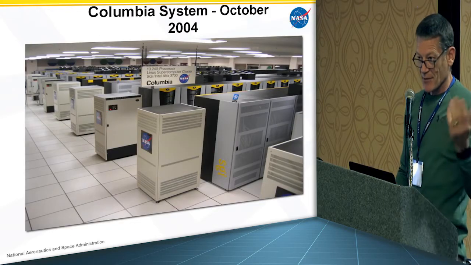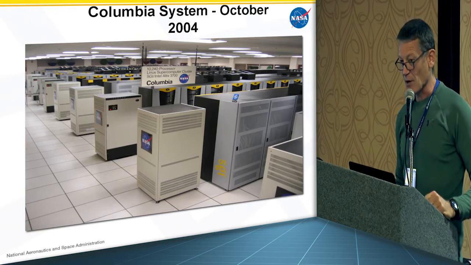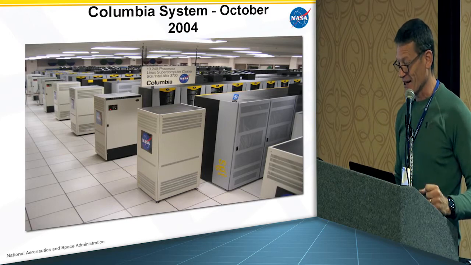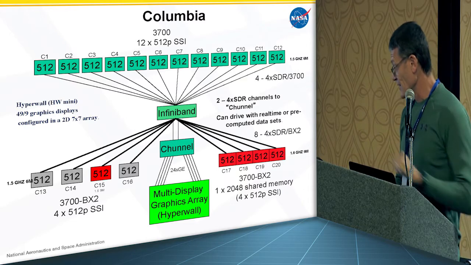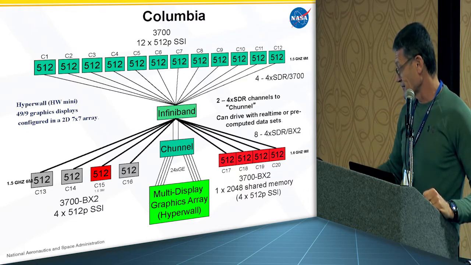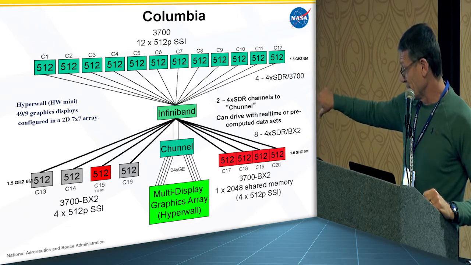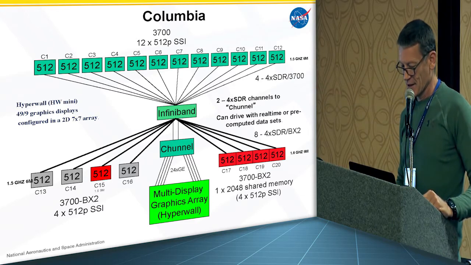Ten years ago, Columbia was really our first InfiniBand-based system. We had multi-rail SDR InfiniBand connecting big fat nodes. We had our graphics visualization wall connected through InfiniBand, bridging with Ethernet, and then all the compute elements.